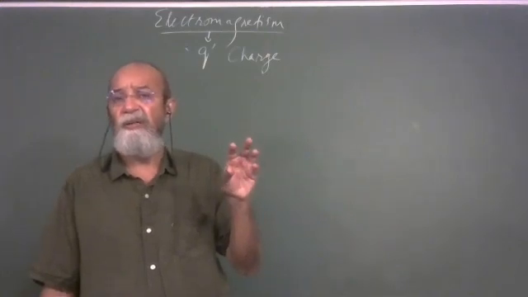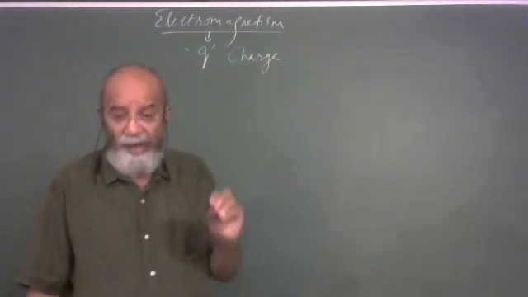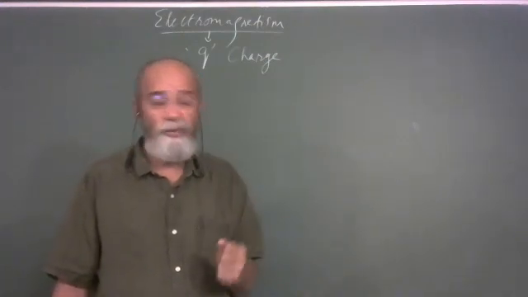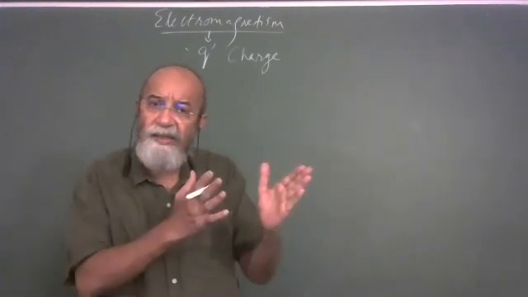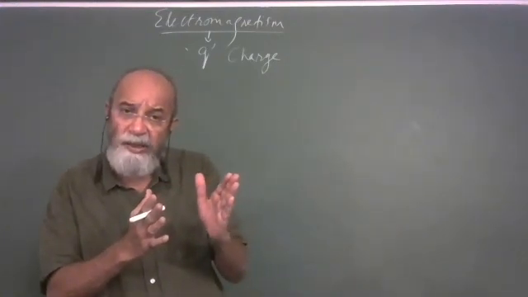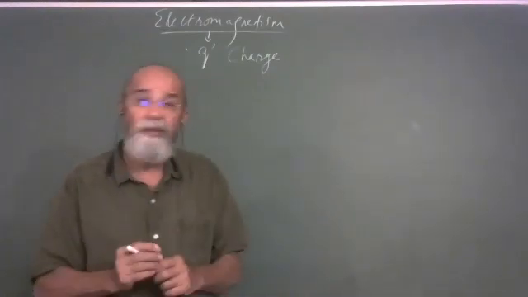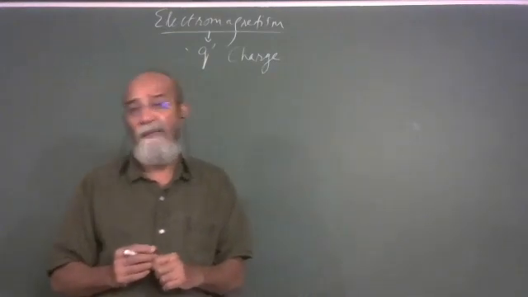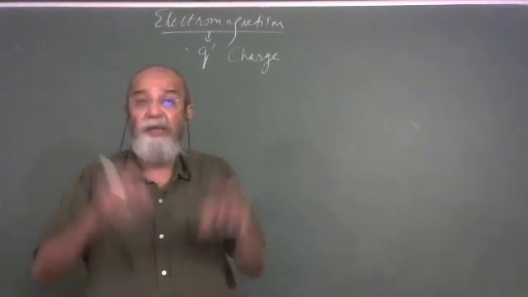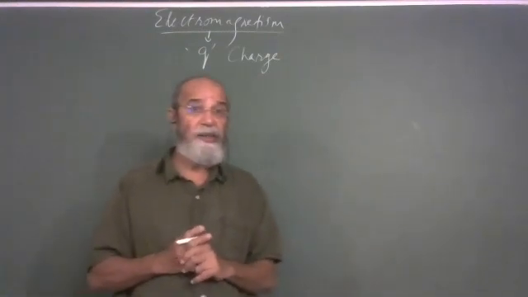People did not give too much of stress to the fact that light could have some other nature. And as different phenomena started getting noticed, as experiments became more and more sophisticated, certain more subtle phenomena started getting noticed about light.